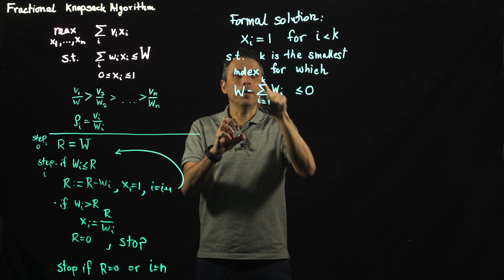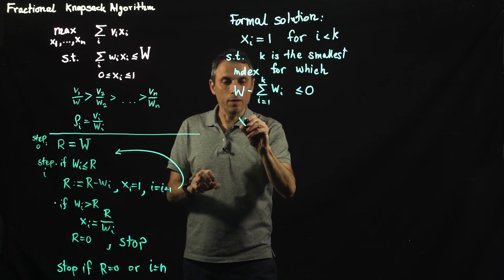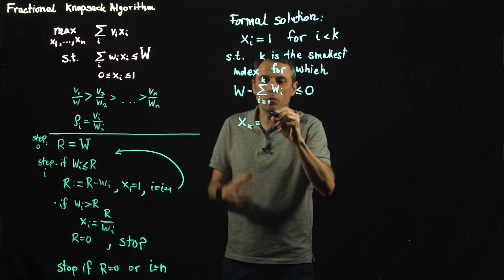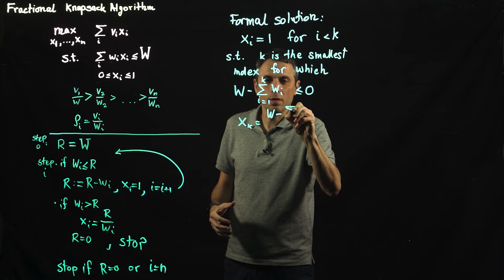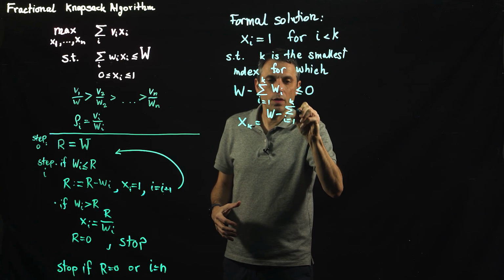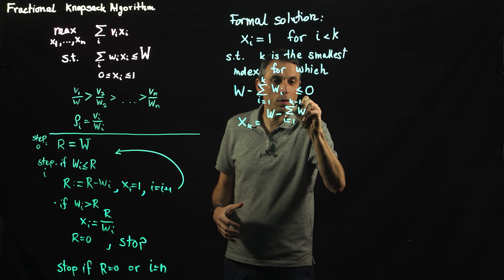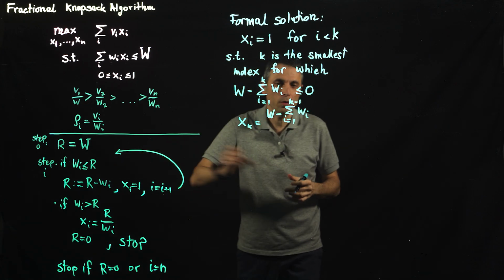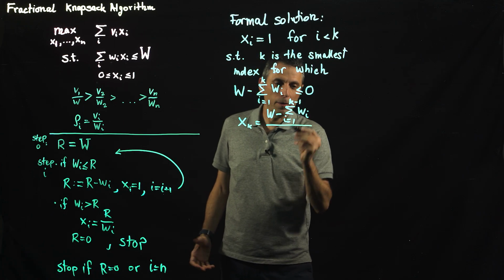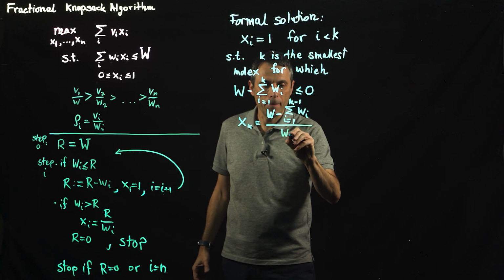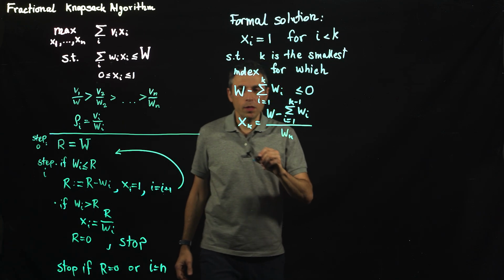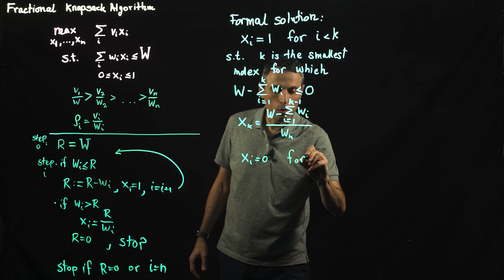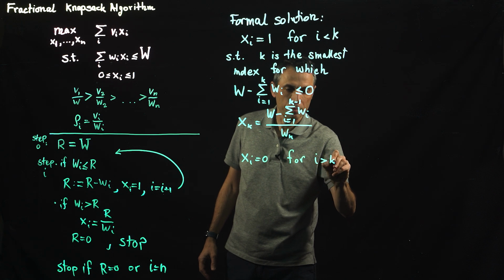For xk, what's left? What's left will be W minus the sum over i from 1 to k minus 1 of Wi, which is the R that we wrote there, divided by Wk. And we will set xi equal to 0 for all i bigger than k.